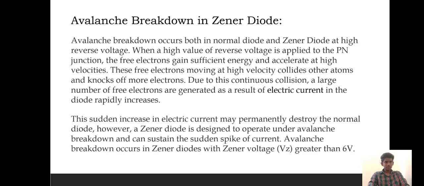Due to this continuous collision, a large number of free electrons are generated. As a result, the electric current in the diode rapidly increases. This sudden increase in electric current may permanently destroy the normal diode. However, a Zener diode is designed to operate under avalanche breakdown and can sustain the sudden spike of current. Avalanche breakdown occurs in Zener diodes with Zener voltage greater than 6 volts.